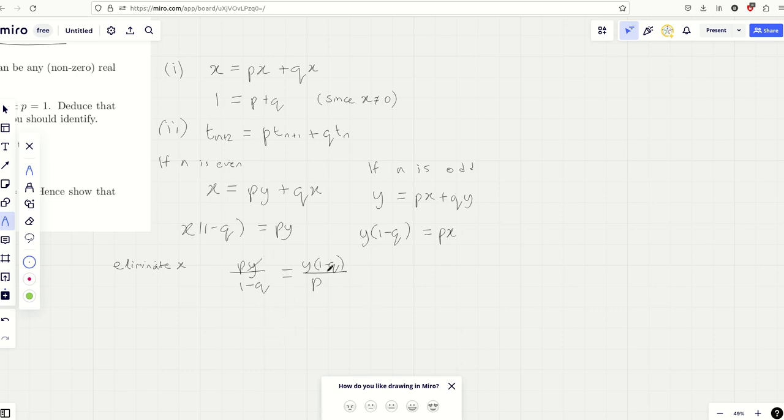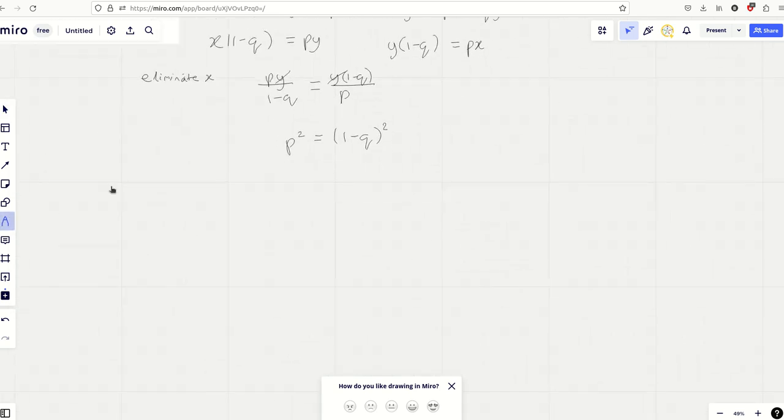Okay, the y's straight away cancel, and we're left with, if we times the p's over and times the (1 minus q)'s over, p squared equals (1 minus q) all squared. Yeah, lovely. Because if we square root, then we get p equals 1 minus q, or p could equal the negative of 1 minus q, which is q minus 1.